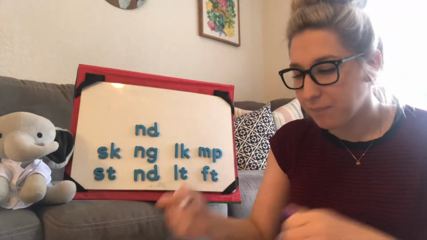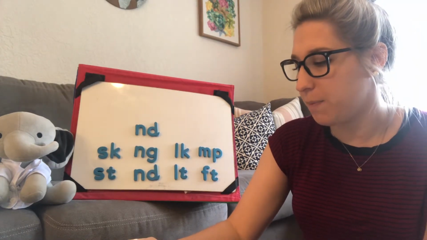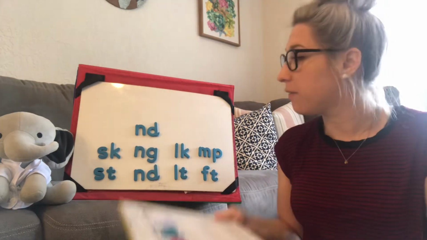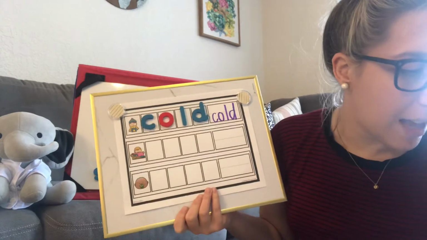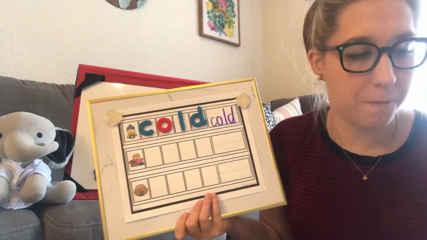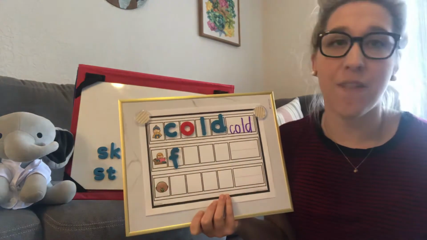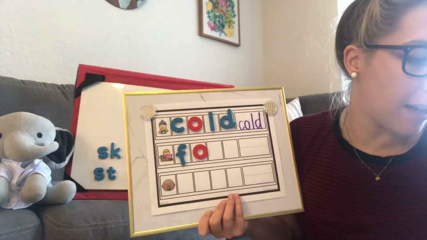The next kid is folding his clothes. Fold. Can you spell fold? Very good. Just like cold, we're going to start with the F sound, say O, say the vowel name, and go into the L-D part.